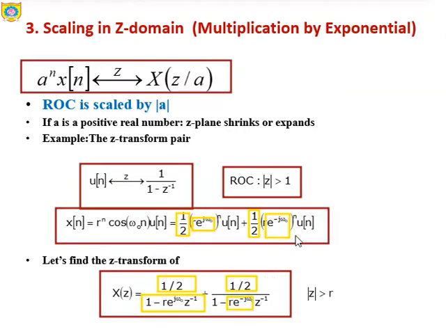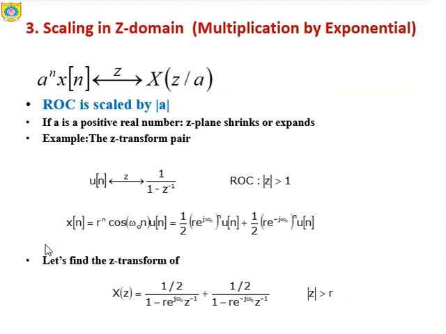So a raised to n u of n will be reflected as 1 upon 1 minus r e raised to minus j omega 0 z inverse. So this is the overall z transform to verify the scaling in the z domain with respect to these examples.